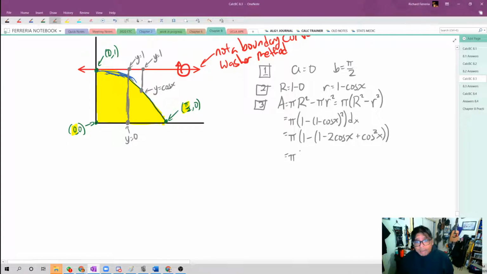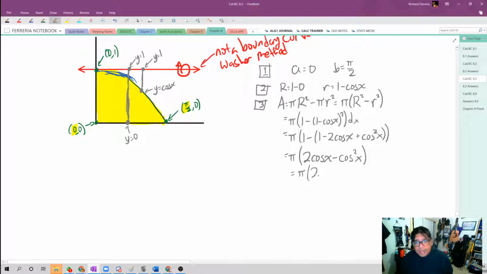So pi, 1 minus 1 cancels. This is going to be 2 cosine x, and then minus cosine squared x. Now we're going to use the power reducing formula to simplify that cosine squared x.